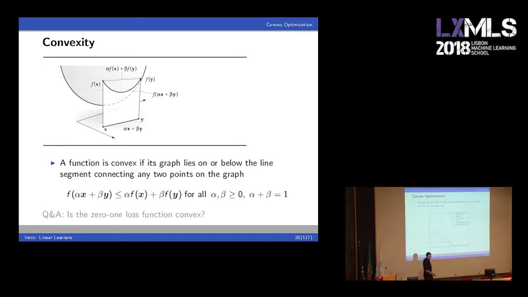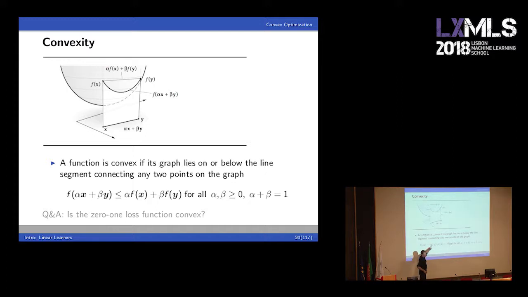Unfortunately, well, let's look at the definition of convexity first, then I ask my question. What we want to do is apply convex optimization, so our objective functions have to be convex functions. That's the definition of convexity.